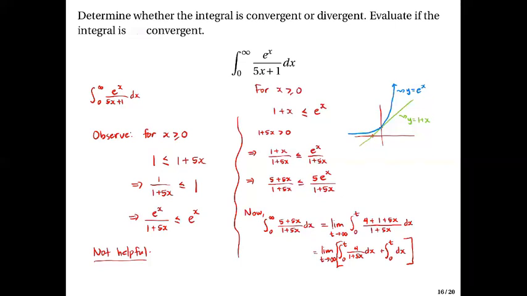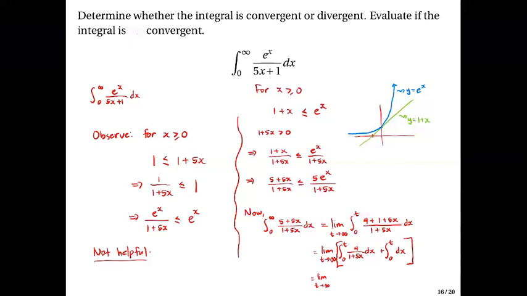Following? So if I separate them, I'll have this guy here and then this guy here. But they are both 1 plus 5x, so they will just cancel. It's just 1 on this part. And then if we calculate this, still we have the limit as t approaches plus infinity.